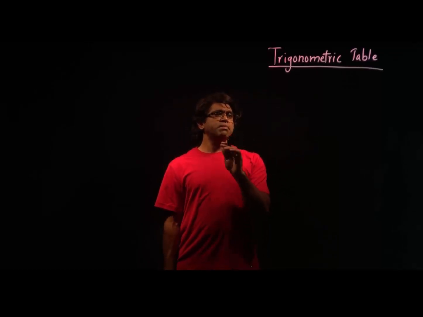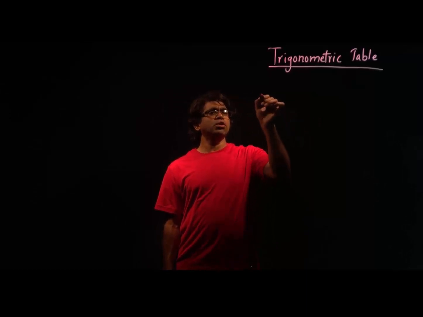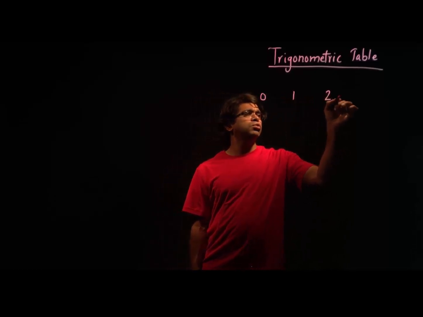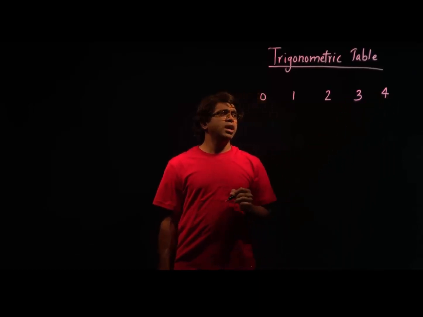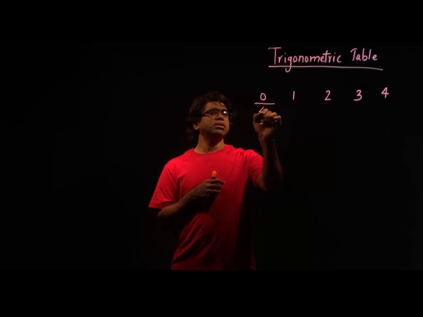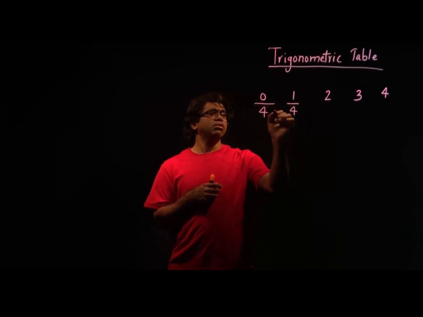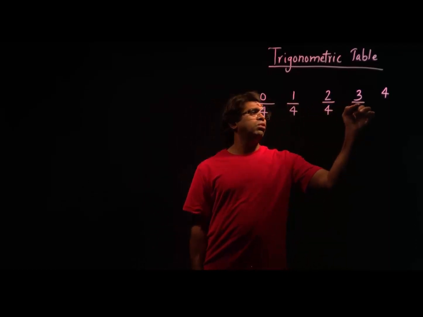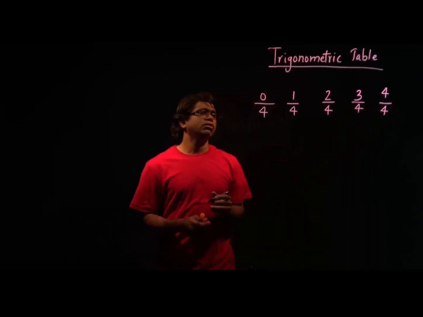So the first step is to write all the numbers from 0 to 4. I'm going to write 0, 1, 2, 3, and 4. And then I want you to divide all these numbers by 4. So I will write 0 over 4, 1 over 4, 2 over 4, 3 over 4, and 4 over 4.